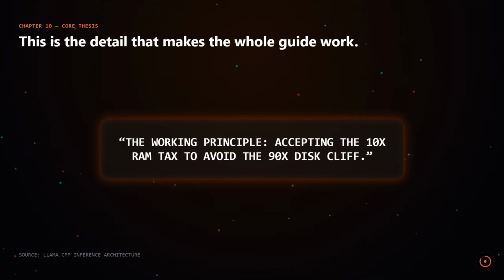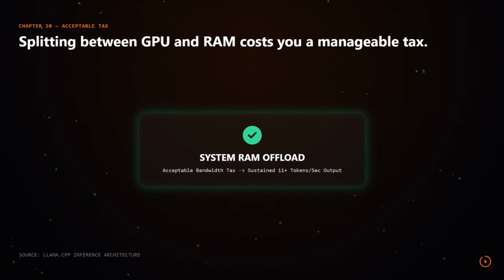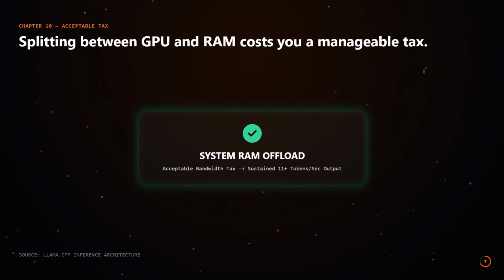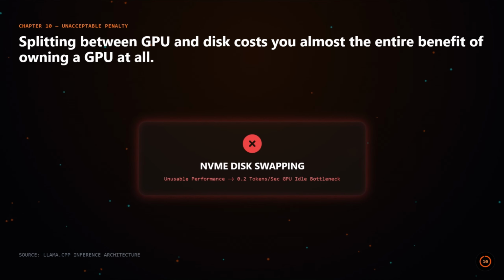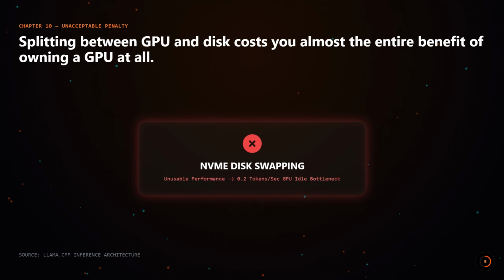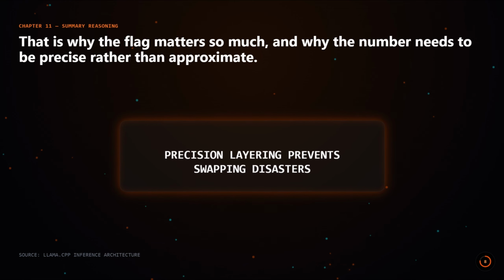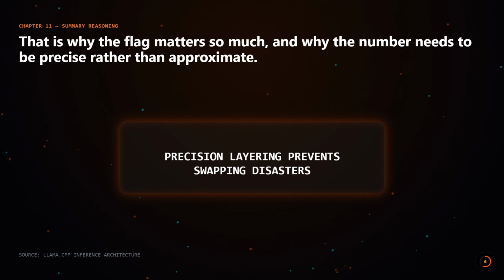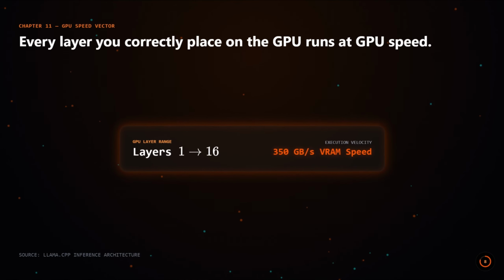This is the detail that makes the whole guide work. Splitting between GPU and RAM costs you a manageable tax. Splitting between GPU and disk costs you almost the entire benefit of owning a GPU at all. That is why the flag matters so much, and why the number needs to be precise rather than approximate. Every layer you correctly place on the GPU runs at GPU speed.